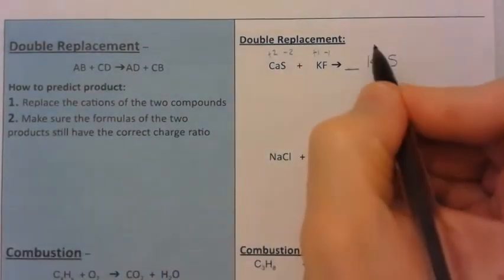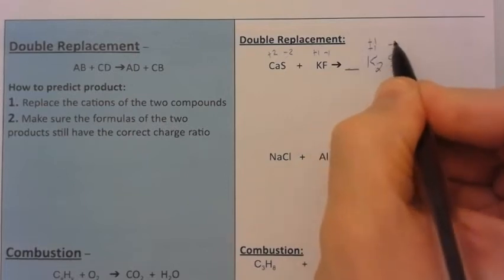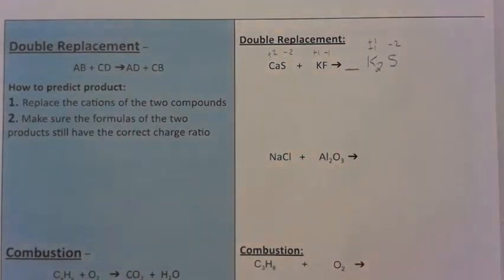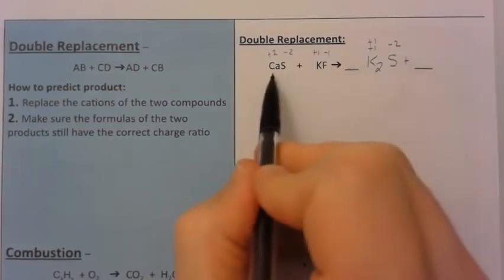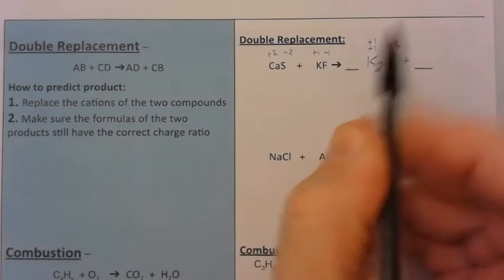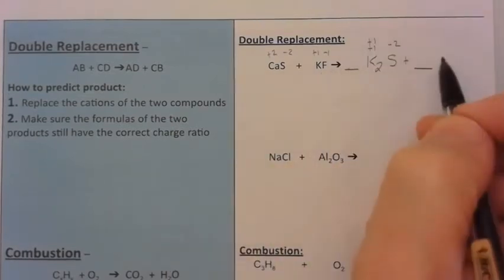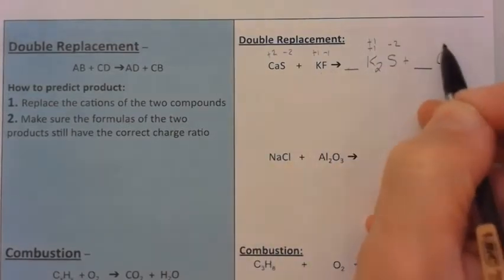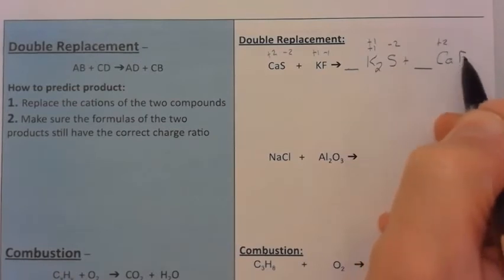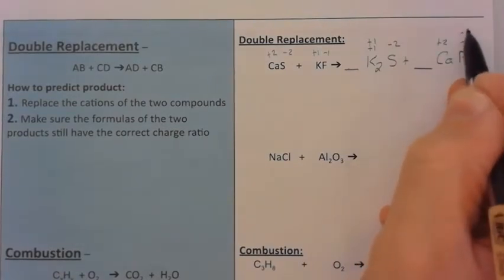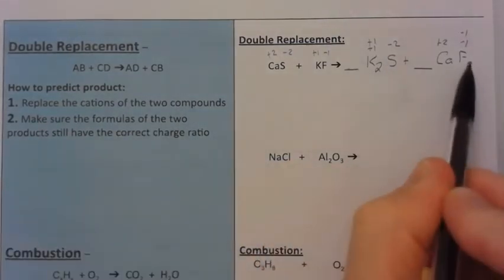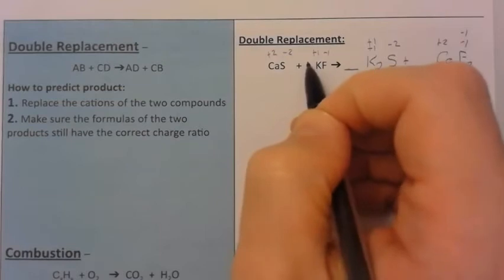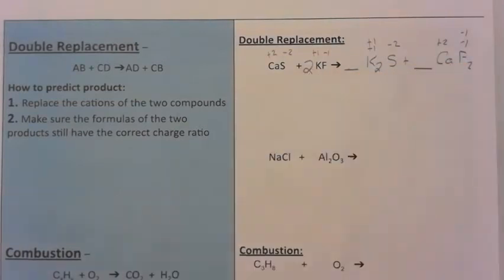Again, because we have 2 +1s for that 1 -2 that it's now bonded with. And then the other product is going to be the other positive ion bonding with the other negative ion, calcium fluoride. But because calcium is a +2, we need 2 -1 fluorines. So if we have 2 Ks and 2 Fs, to balance this reaction, all we need is to put a 2 in front of that potassium fluoride reactant.